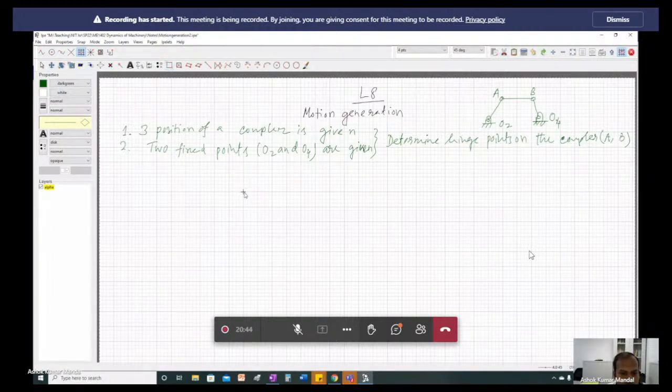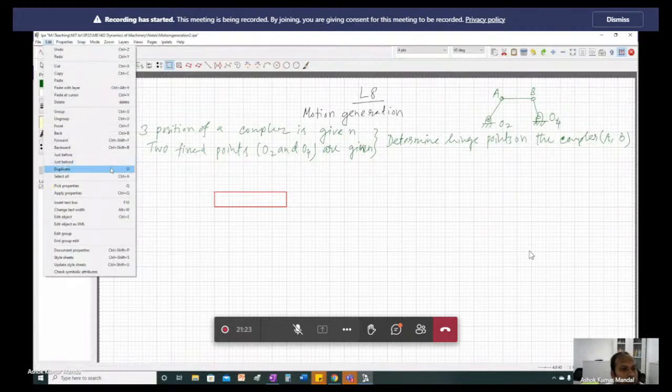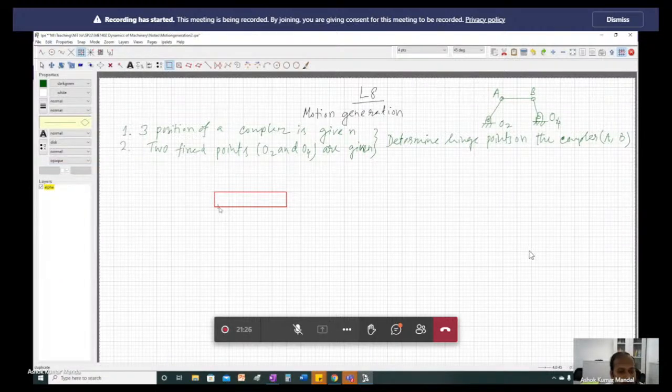Suppose we have a coupler which looks like this, and let's say this is the middle position of the coupler, and actually in the problem the other two positions will be given.